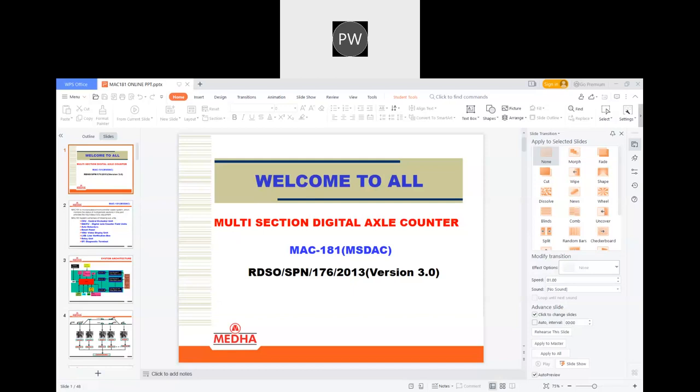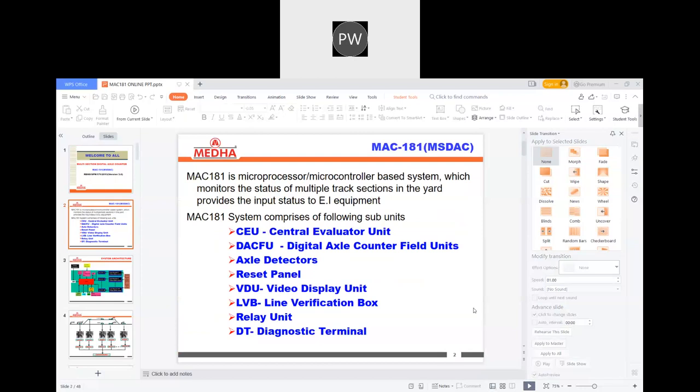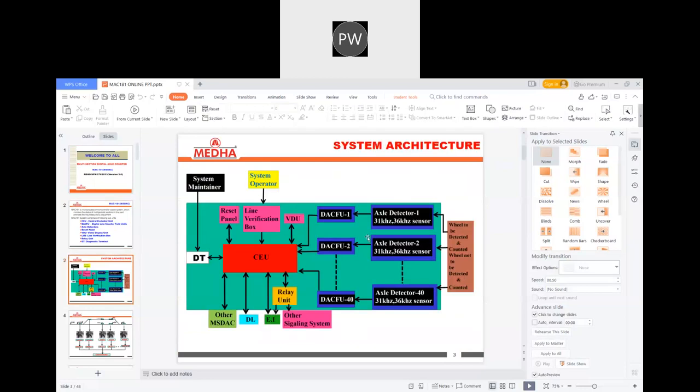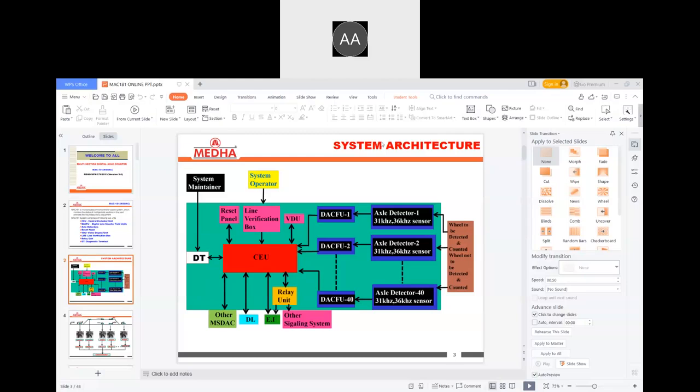Sir, your first screen is visible only. Okay, that's the problem. I normally face this problem. Now it is visible, but sir, your full screen is not visible. You can make it full screen. No, I'm going for full screen only. Let's go once again. Just a minute. I'll share it again. Now it is visible, but it is not in the full screen mode.